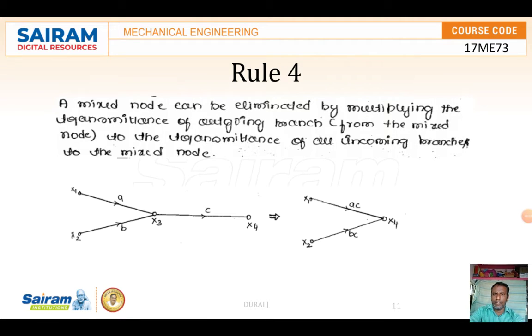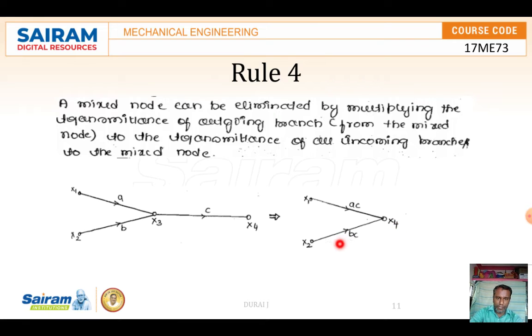Then comes the mixed node. Here we are going to eliminate this mixed node and connect directly instead. That means a and c are connected in series, so x4 is equal to ac into x1.